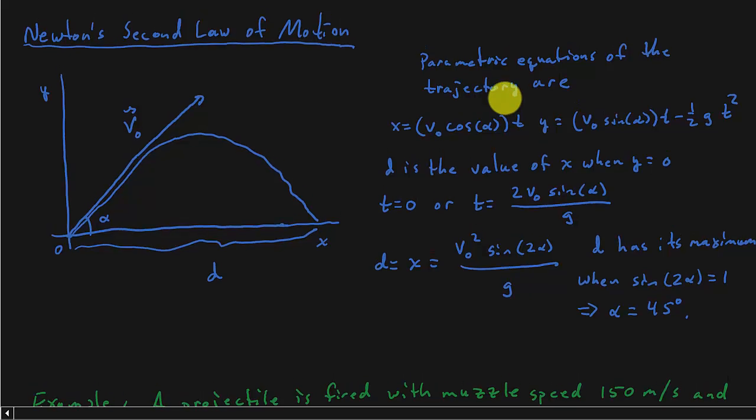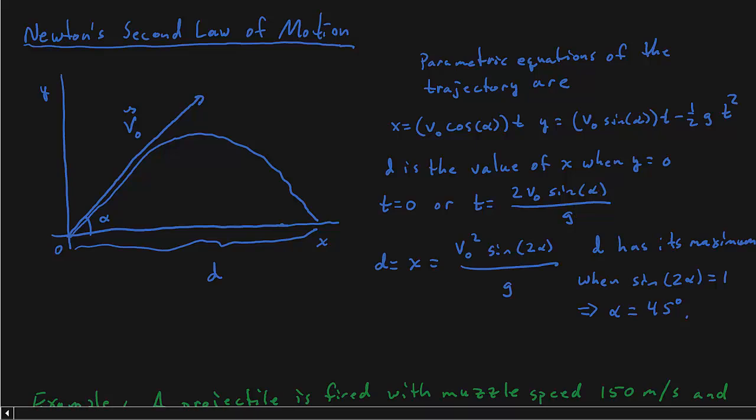All right, so we've got Newton's second law of motion, and we have parametric equations of the trajectory r. x is equal to v0 times cosine alpha times t. y is equal to v0 sine alpha times t minus 1/2 g t squared. And then d is the value of x when y is 0. That's your distance right there. And t equals 0, or t equals 2v0 sine alpha over g.